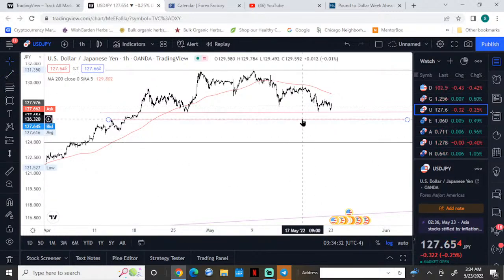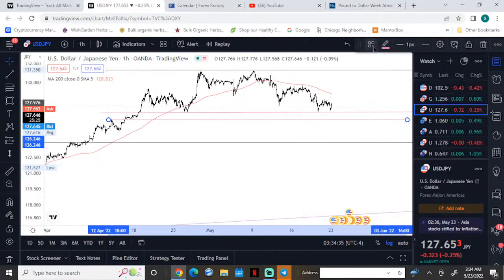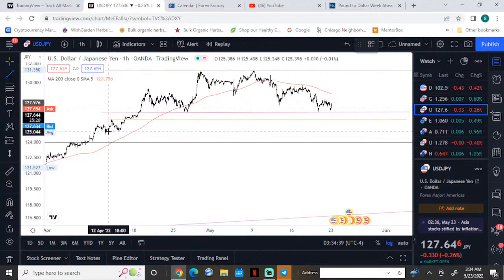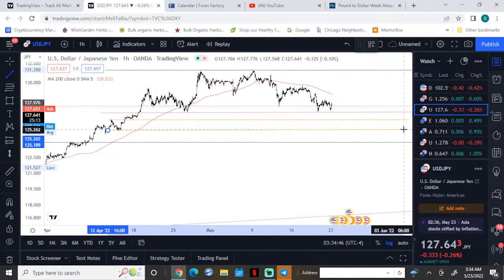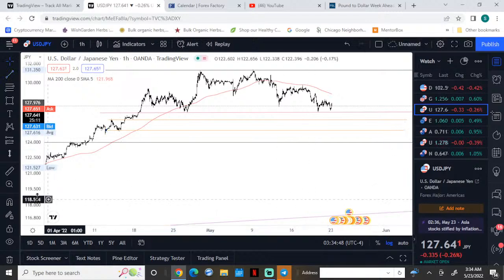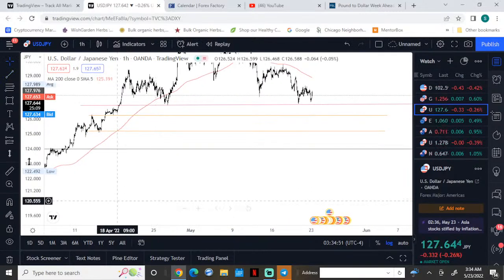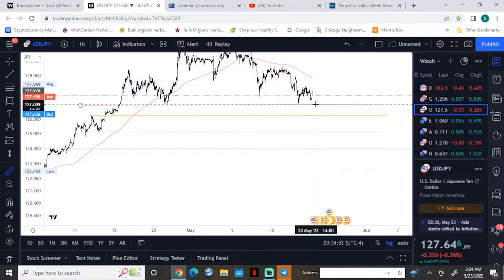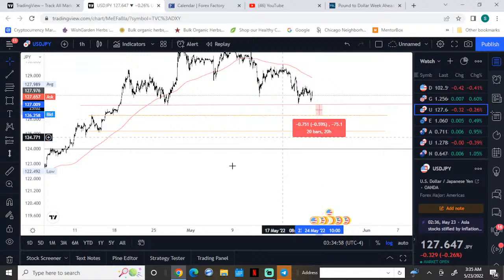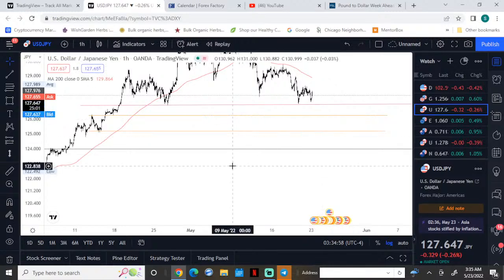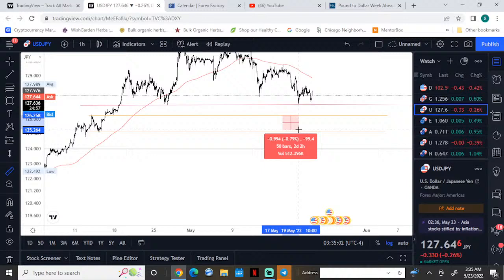Let's change this. And here. All right, we got a couple more zones up in there. There we go. 75 pips on that one. 100 pips on that one.